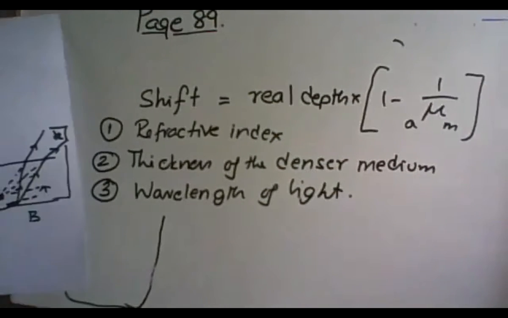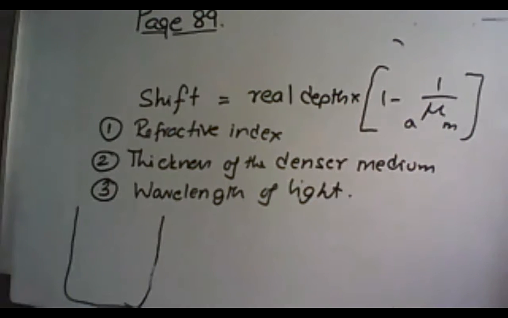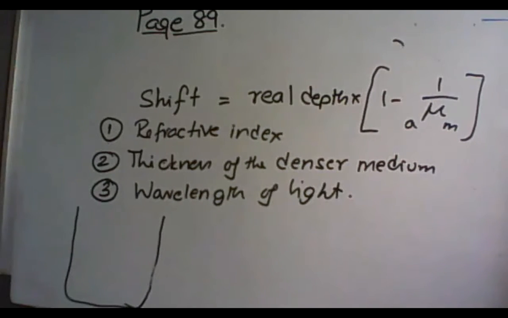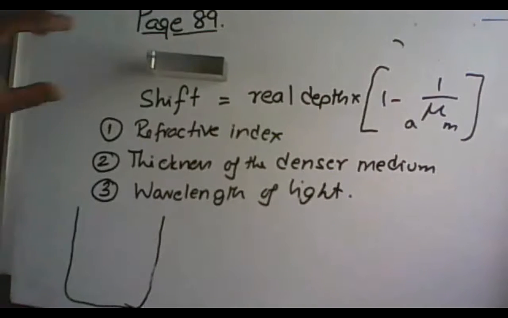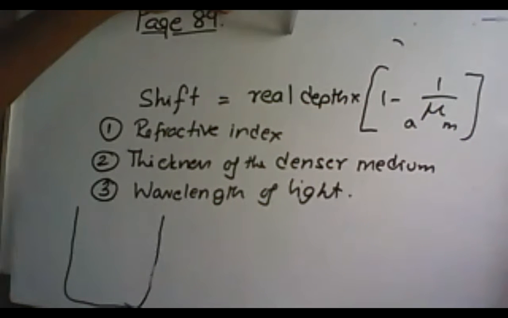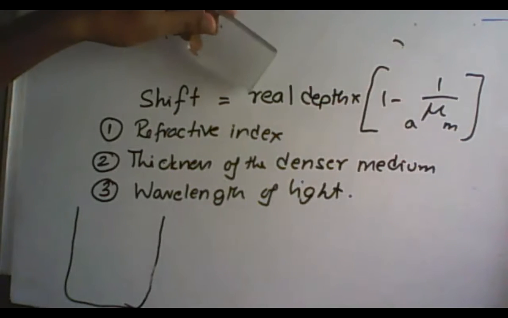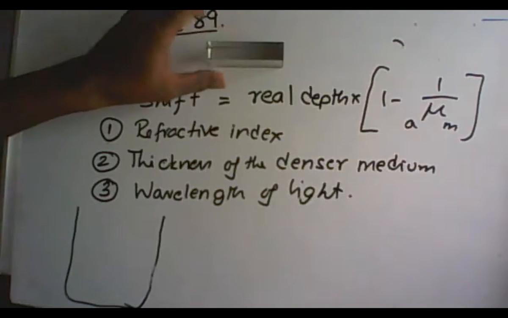So by thickness of the denser medium, you can also write the depth of the denser medium. But what if you are thinking about glass, right? So if you're thinking about a glass slab that has been placed, then we are talking in terms of the thickness of this glass slab, which is what is actually causing the shift to occur. Okay, like that.